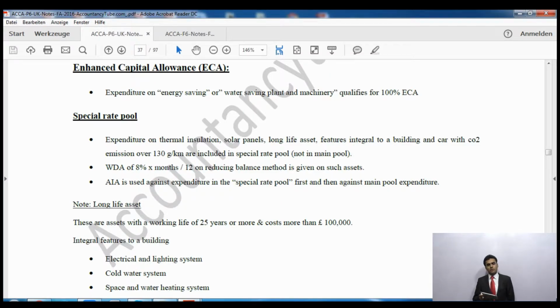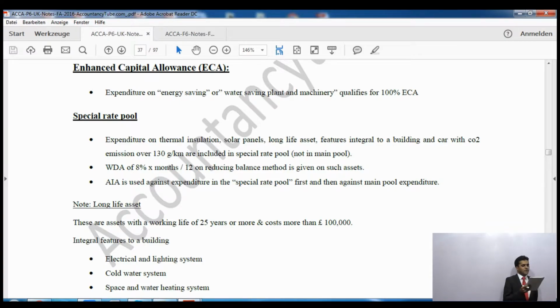So it will tell us in the question that this is the plant and machinery which we have bought, and it saves some water or something like that. Likewise, if there is any expenditure on energy saving plant and machinery, then you will also have 100% enhanced capital allowances.